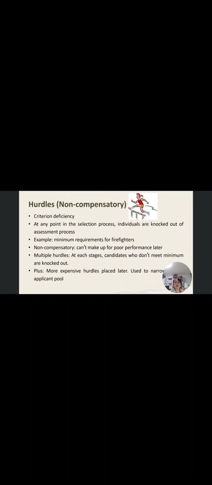So there are normally multiple hurdles. And at each stage, a candidate who cannot meet the minimum, like they can do the physical test, they can do the English communication test, if they cannot do that, then they get knocked out. And organizations put more expensive hurdles later. So in the beginning, it can be a physical examination test, making sure you're physically fit.